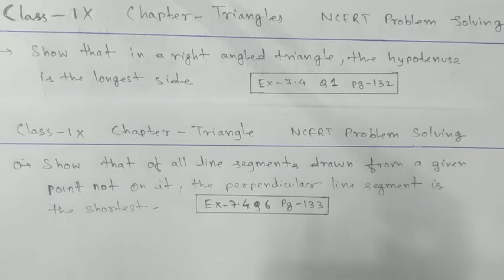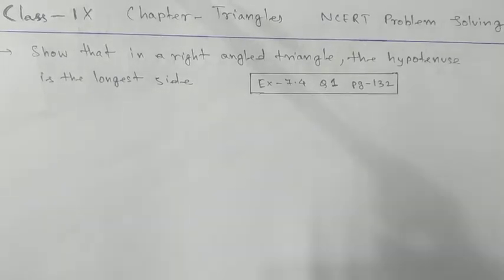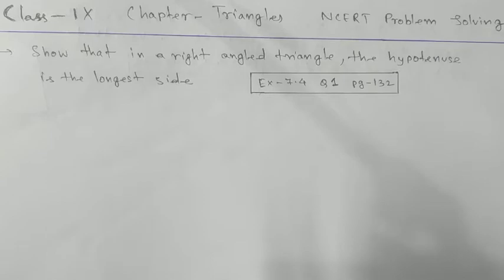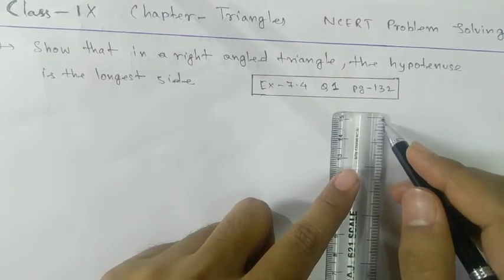Okay, let's proceed. In this one, we'll draw a right angle triangle first, because they have already mentioned that you have a right angle triangle. So let's draw a right angle triangle.